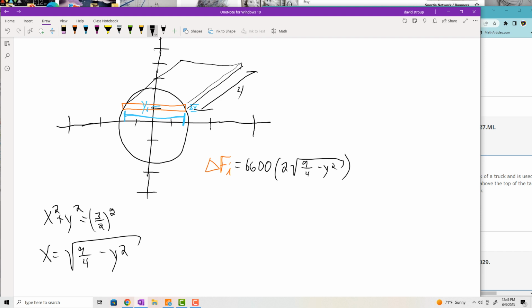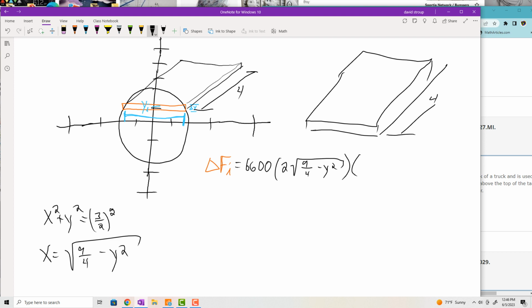Okay. So the volume is length times width times depth or whatever. So we're looking for these dimensions, and as I noted, this dimension is 4, so I need to include that.